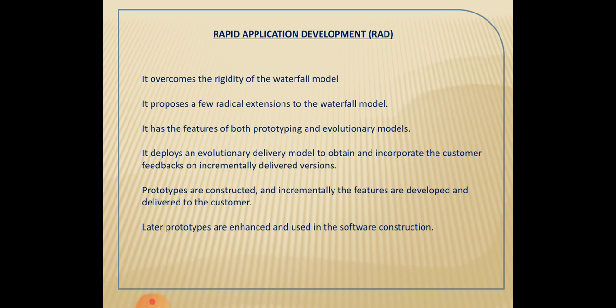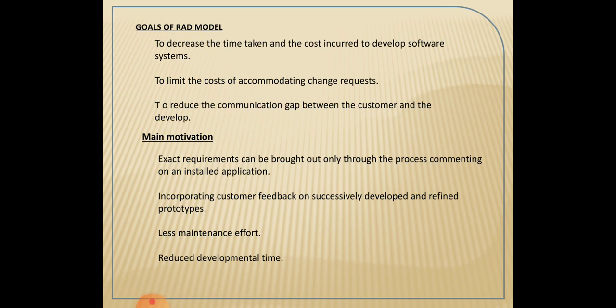So when the prototypes are thrown away, it becomes a loss. It becomes much more expensive for the development of the overall software. But in rapid application development, we make use of the prototypes by enhancing their features and using them for the actual software construction. So this is a major difference.